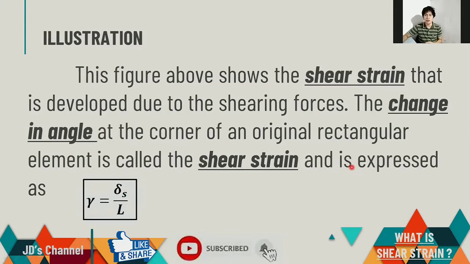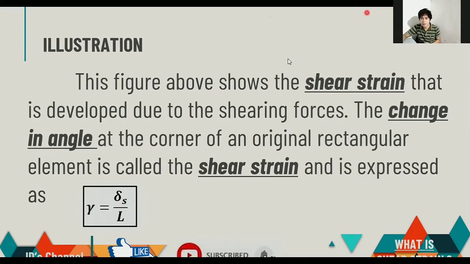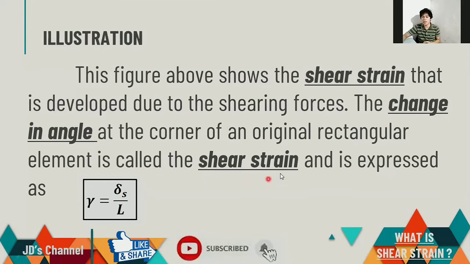This figure above shows the shear strain that is developed due to the shearing forces. The change in angle at the corner of an original rectangular element is called the shear strain.